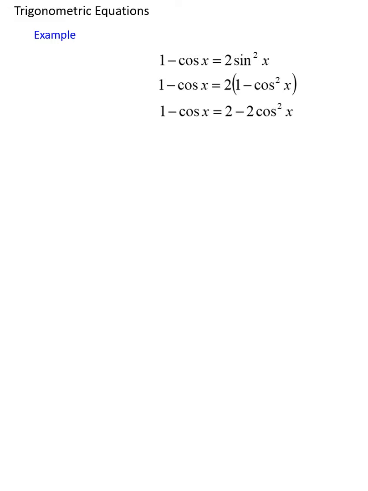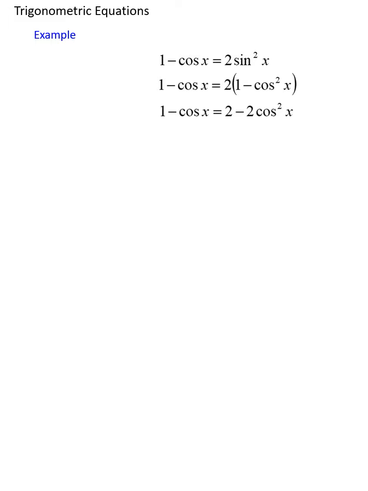Well, one cool thing mathematicians have figured out is that when you have a trigonometric function and the square of that same trigonometric function in the same equation, you can set up a factoring situation that will enable you to isolate cosine x.